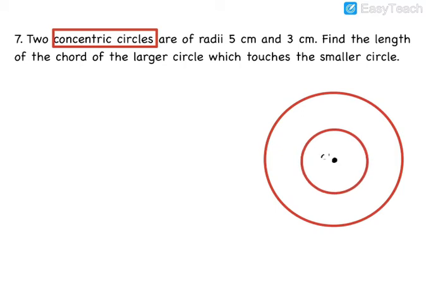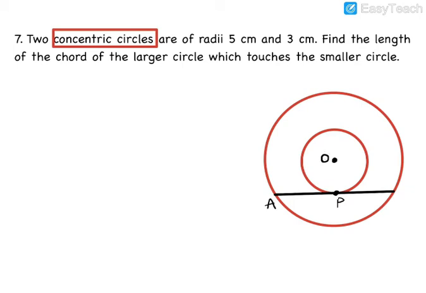Let point O be the common center of these two concentric circles. We have to find the length of the chord of the larger circle which touches the smaller circle. So let's draw a chord to the bigger circle that is touching the smaller circle, say at point P.